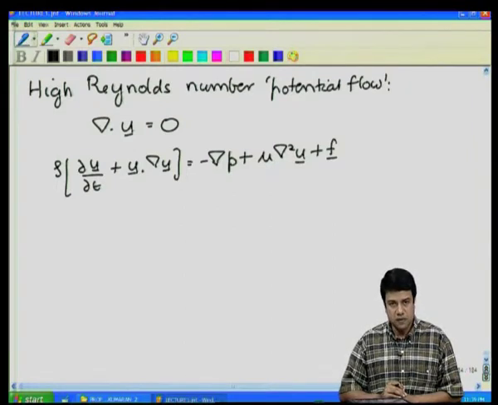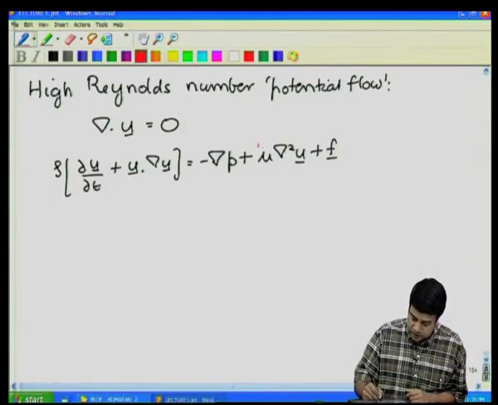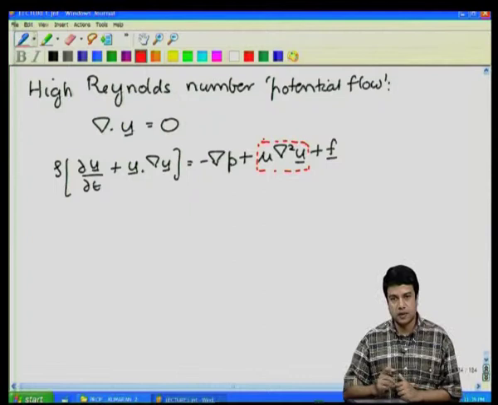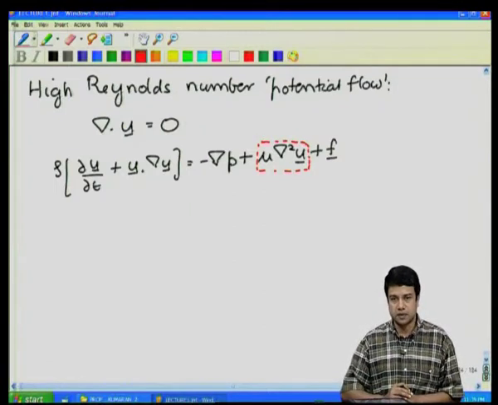In the case of potential flows, the assumption is that the viscous effects are small compared to inertial effects, because we are in the limit of high Reynolds numbers. Therefore, the viscous effects can be neglected in comparison to inertial effects. That is, I can neglect this term in the conservation equation in comparison to the inertial terms.